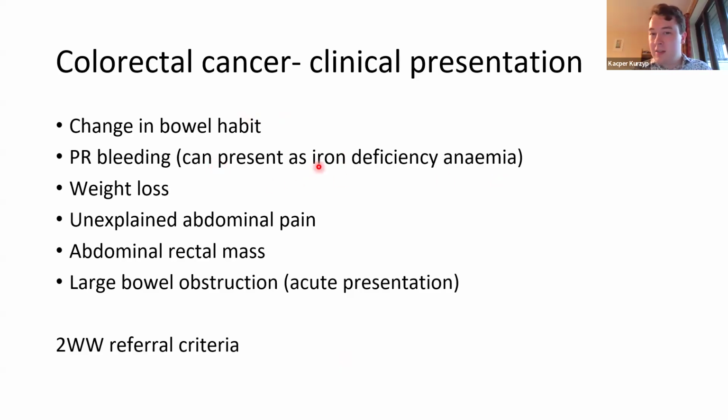It may just present as iron deficiency anemia of unknown cause in an older person. There may be weight loss, unexplained abdominal pain from the tumor pressing onto other structures. You may feel a rectal mass, or it can present acutely if the tumor gets so large it blocks off the lumen and they present in large bowel obstruction.